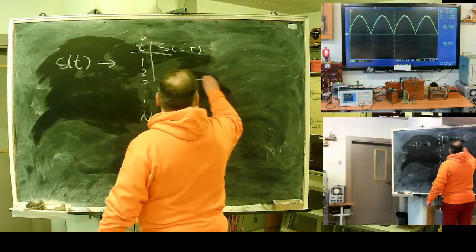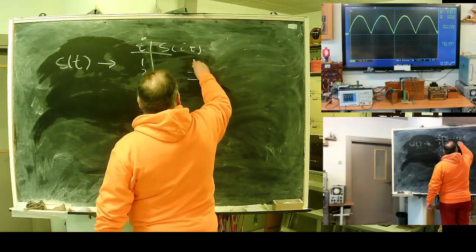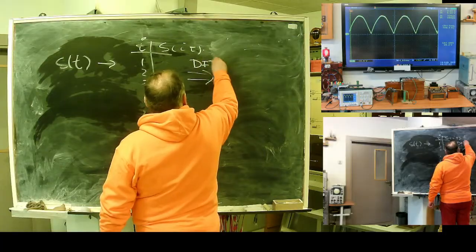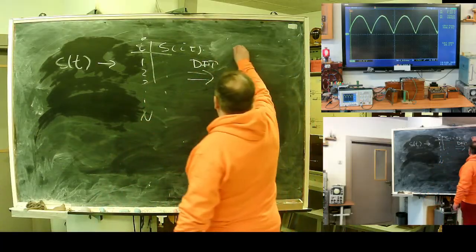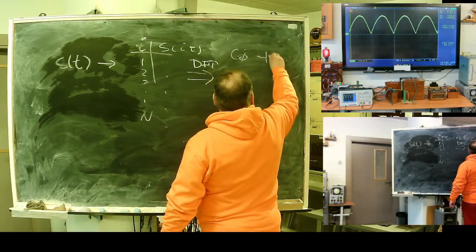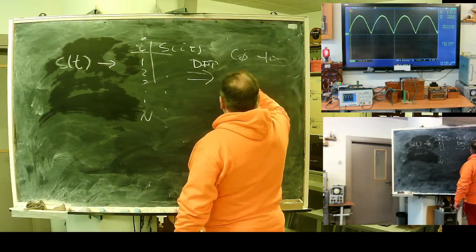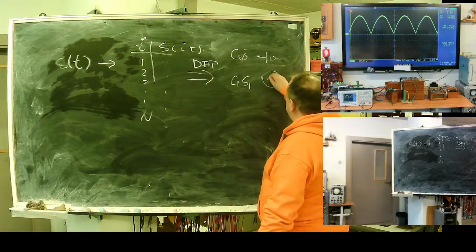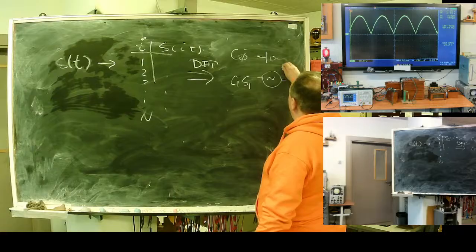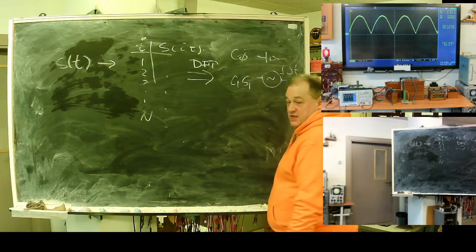Then I can apply the discrete time Fourier transform. What will I get? C0, which is the DC component, C1 S1 will be the AC source for 1 omega t, the base frequency.